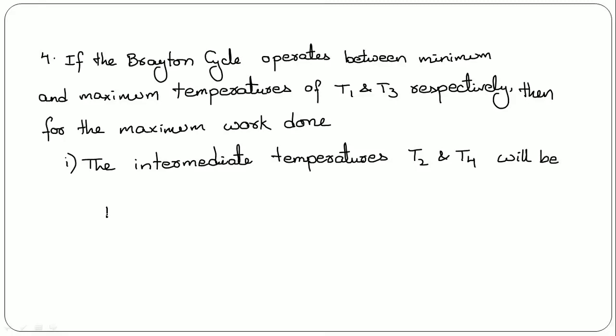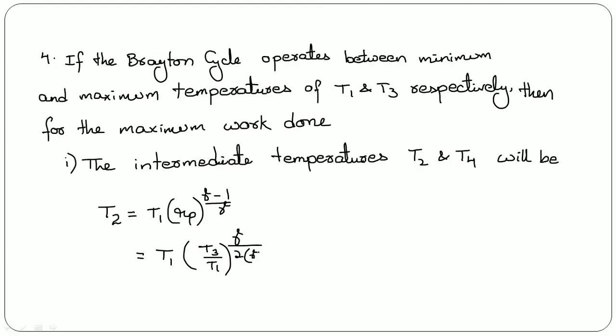see here we know that T2 is equal to T1 into Rp to the power gamma minus 1 by gamma. So for maximum work done, Rp becomes Rp optimum. So therefore we can write this as T1 into T3 by T1 whole to the power gamma by 2 into gamma minus 1 whole power gamma minus 1 by gamma.